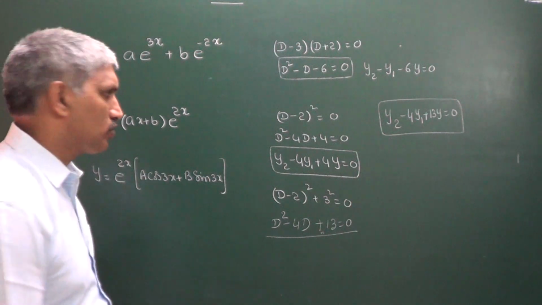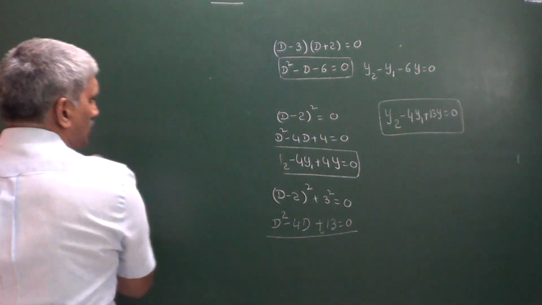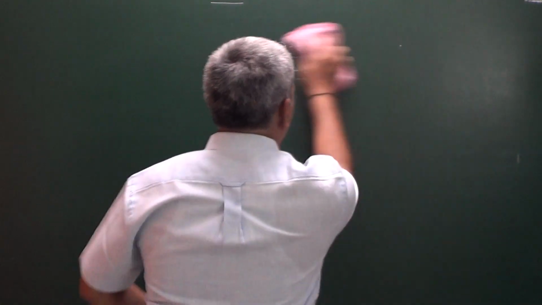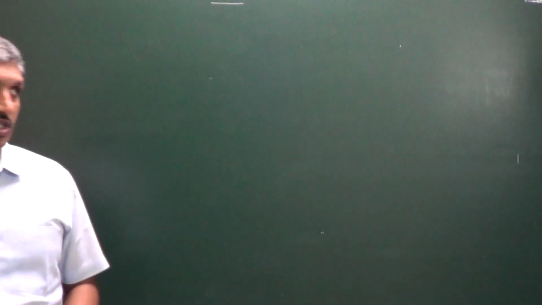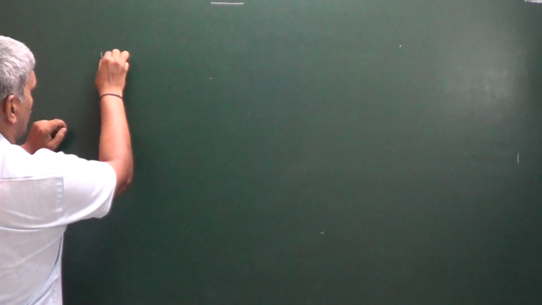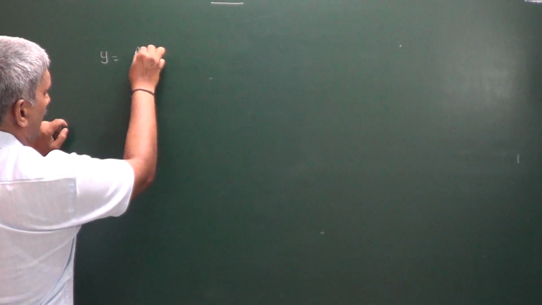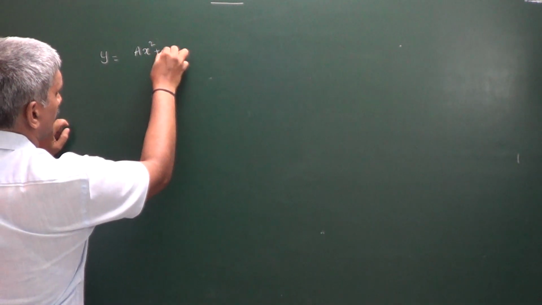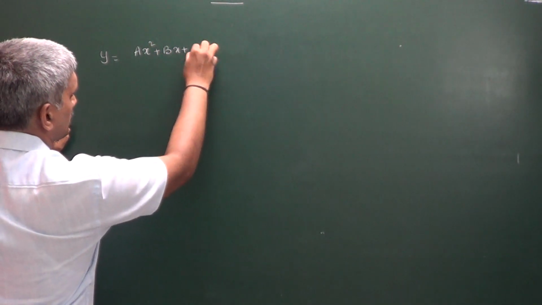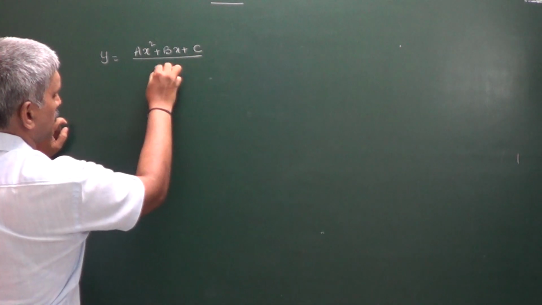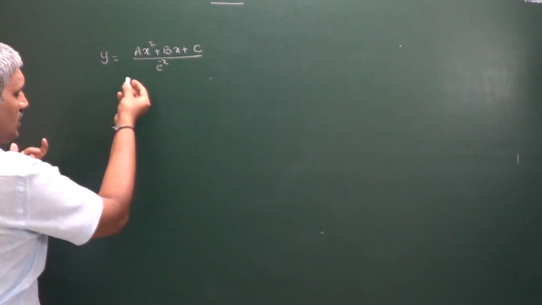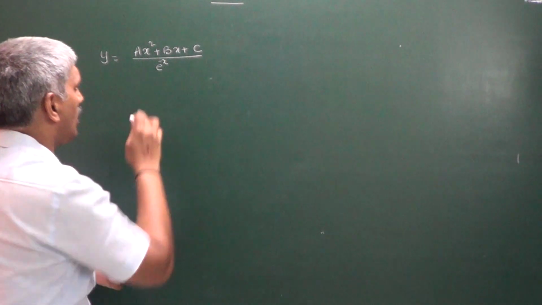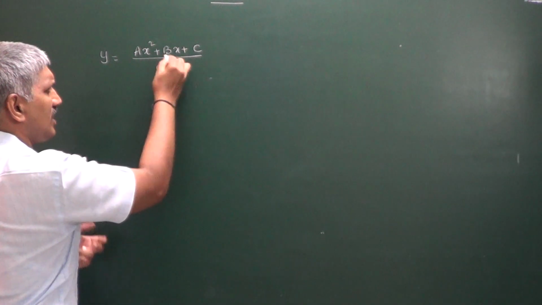These types of problems we discussed in the earlier class also. Here we are going to discuss a small extension. This is the particular question: y = (ax² + bx + c) divided by e^(-x), or multiplied by e^(x). Anyway, no issue.